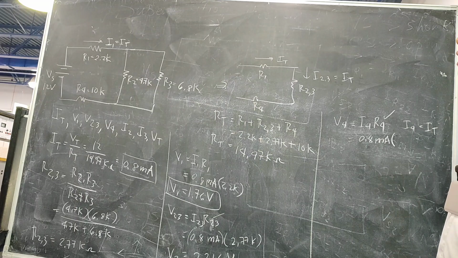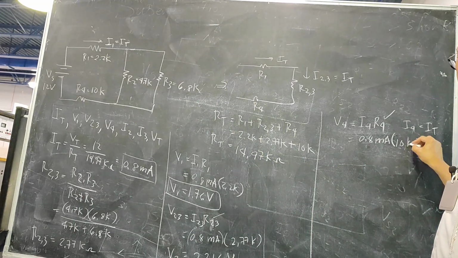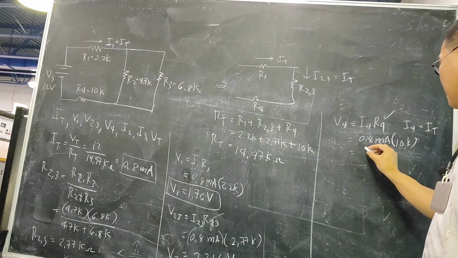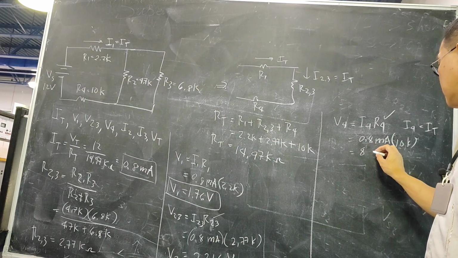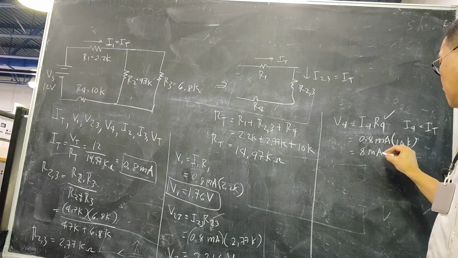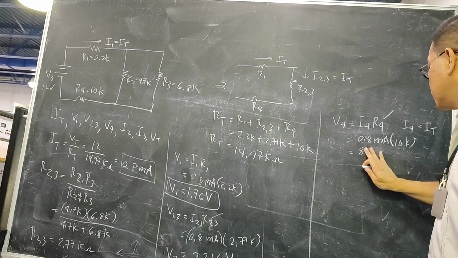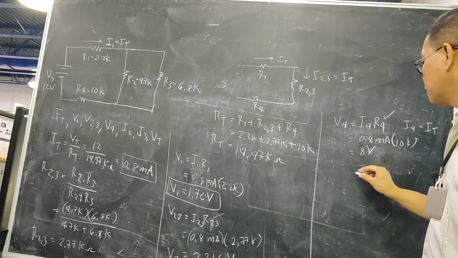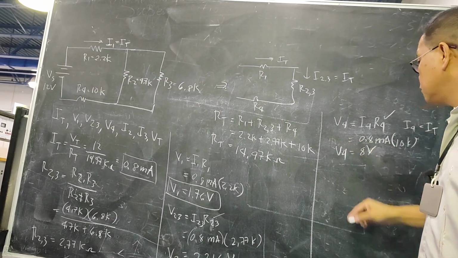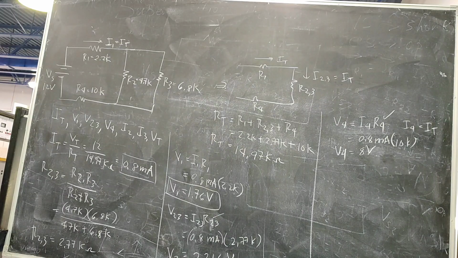Multiplied by R4, which is 10 kilo, that would be 8 volts. So that would be equal to V4.